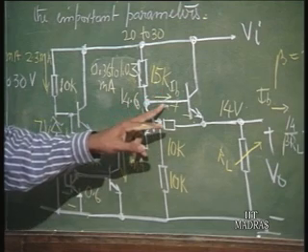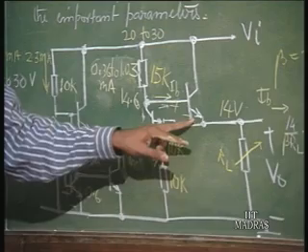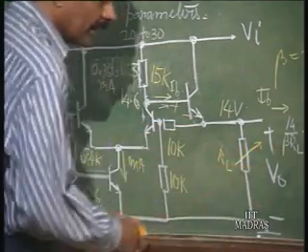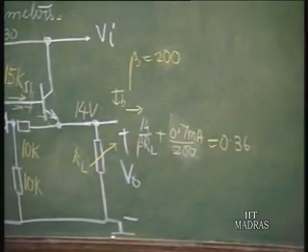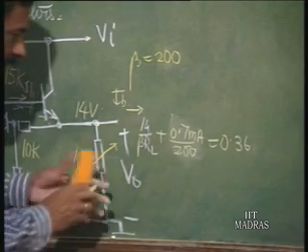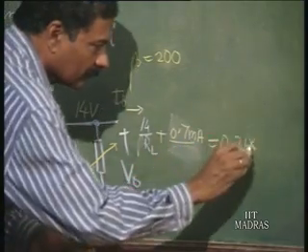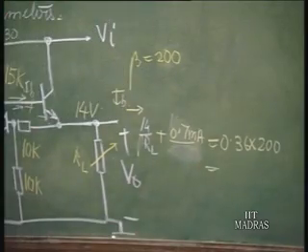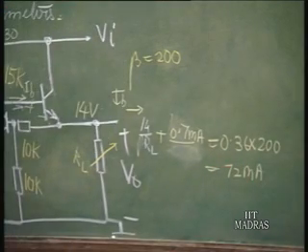That means 0.36 into beta, that is 200, is the maximum current this can deliver. So, this current can be equal to 0.36 at the limiting situation, into beta, that is 36 into 2, 72 milliamperes.